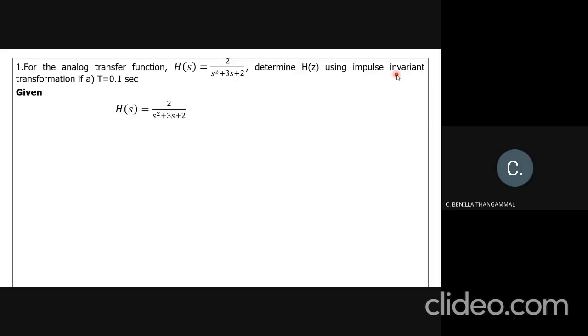So H of S equal to 2 divided by S square plus 3S plus 2, and factorize your denominator. You just see whether your denominator can be factorized or not. You can use the formula method, or you can use your calculator to find the factors. So how to find the roots of the equation using your calculator? Take your calculator and press MODE. In that, you'll find the fourth option, the mode called equation, EQN.